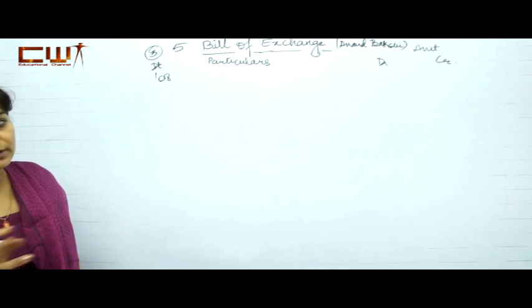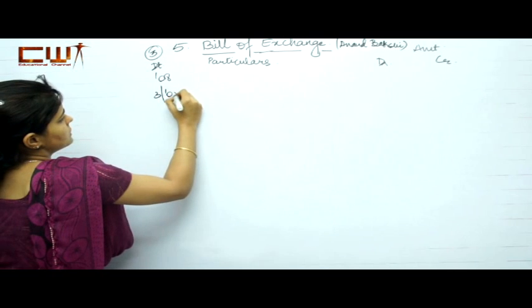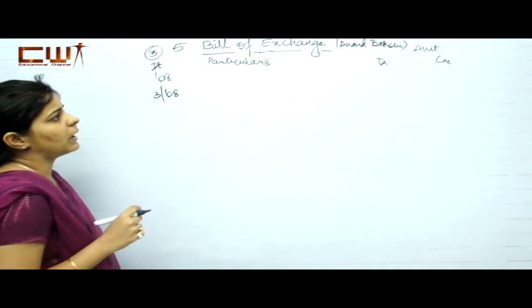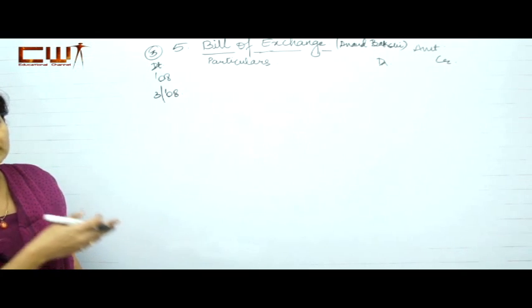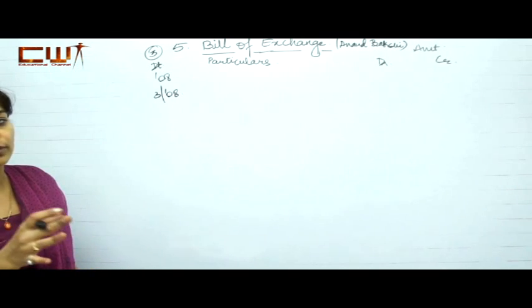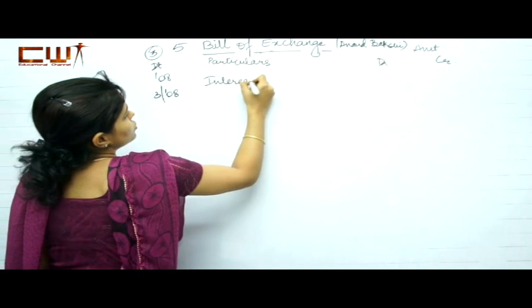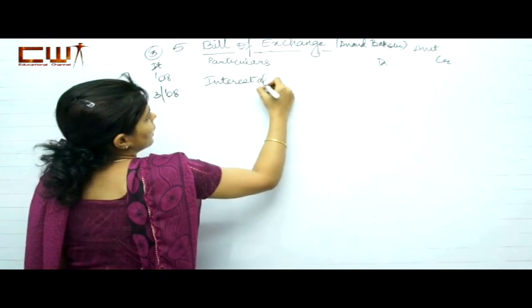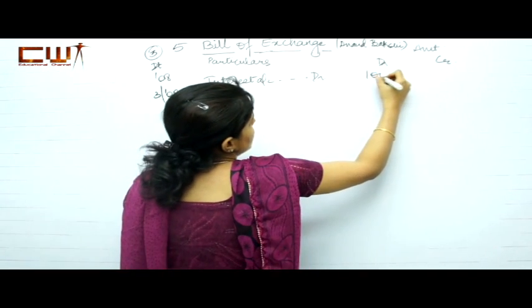It will be interest due, it's becoming due. So it will be 3rd of August, right? Interest will become due. You have to show, it's written that 45 is the interest. So you have to first make the interest due, then only you will be able to pay. So interest is an expense for you. So make it due. Interest account is debited because that is an expense for you.